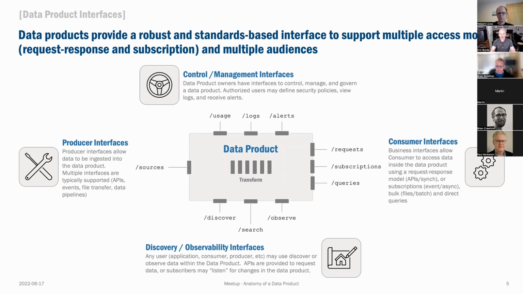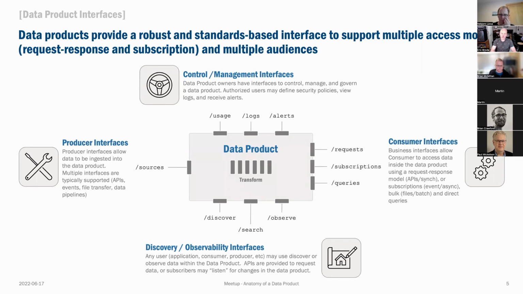So I kind of used Zamek's book as guidance, and it talks a lot about four different types of interfaces that we see out there. There's obviously the producer interface. How do I get data into the data product? I have consumer interfaces. How do I get data out of the data product, whether they're requests, subscriptions, queries, etc. How do I control the data product, whether that means I want to look at alerts, usage, or logs, or stuff like that.